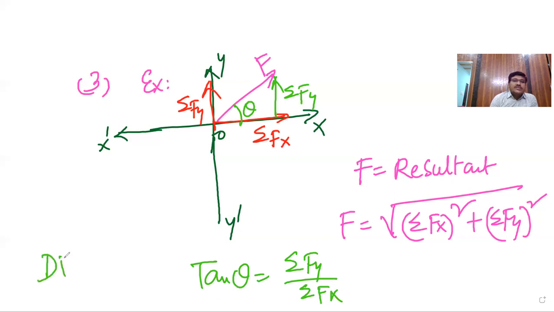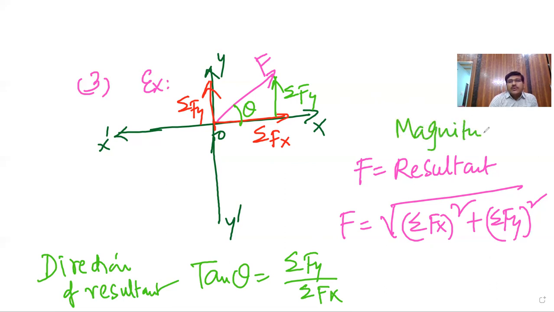This is the direction of the resultant. This is the magnitude of the resultant. Okay, this is the way.